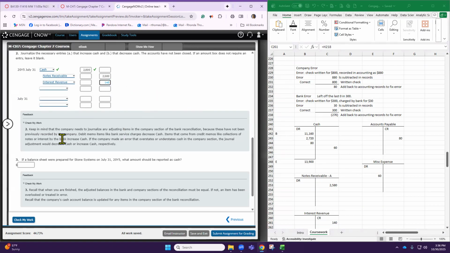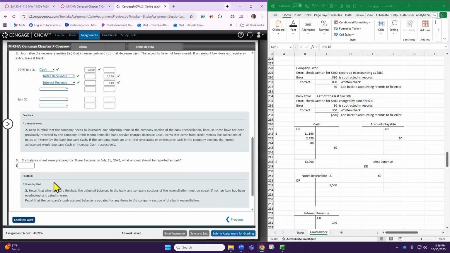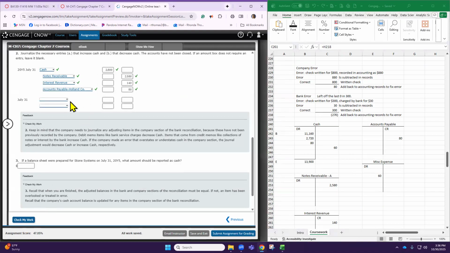Those get broken up, and you don't know that because we haven't talked about that yet. And then the last one is accounts payable going back up for the error we made on that check. Then the last one is going to be a miscellaneous expense of $60, and down goes cash for that service charge.